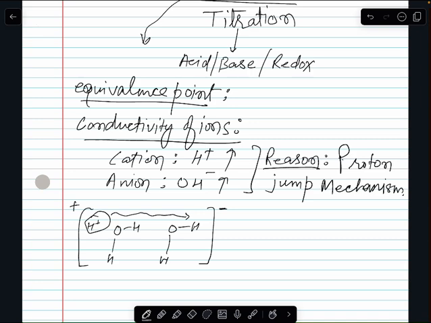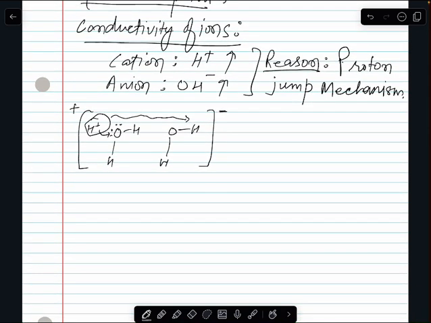But what happens with H plus ion is, the water molecule which is adjacent to this H plus ion has a lone pair, and so instantaneously this H plus ion will be captured by this lone pair of oxygen, and it will convert itself into HOH, and it will break the bond with this hydrogen.